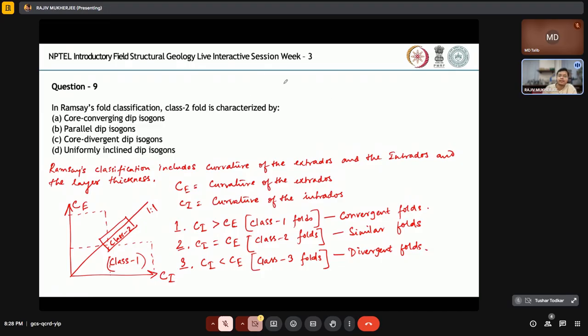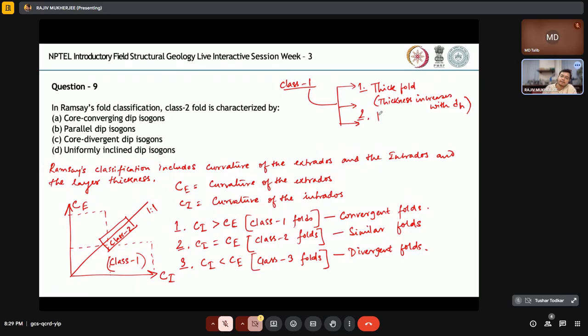For class 1, there can be again three types. One is thick fold, which means thickness increases with DH, you know, DH means the distance from the axial plane or distance from the hinge, right?